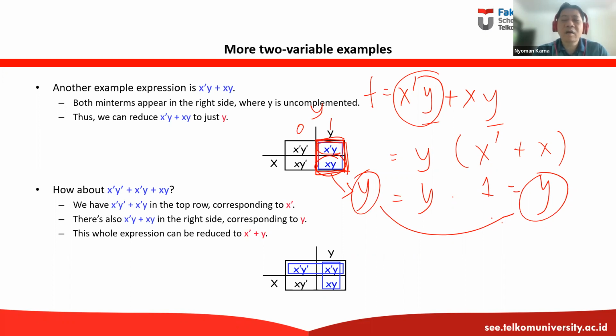Okay. Now, how about if I have x naught, y naught, this is the block, and then x naught, y, this is the block, and then xy, this is the block. By using Boolean algebra, we have f is x naught, y naught, plus x naught, y, plus xy.